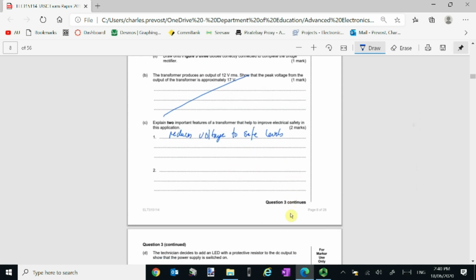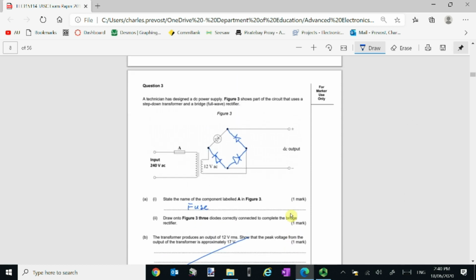The other one that's probably a little bit less obvious here is that this input conductor here is electrically separate from the output conductor on this side. So the input here and the output here aren't electrically connected. They're magnetically connected, but they're not electrically connected. And that means we have isolation.